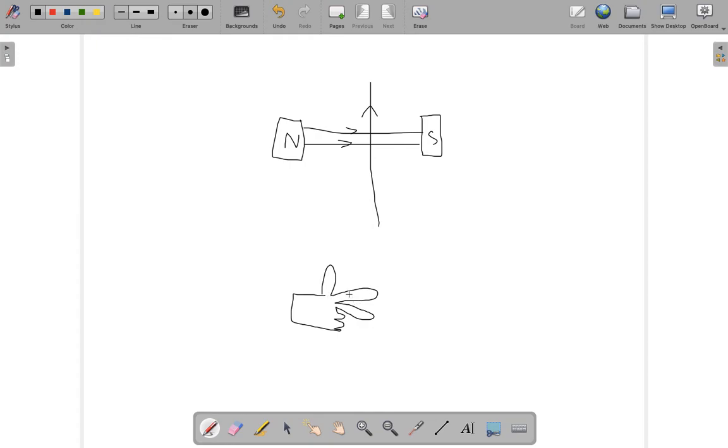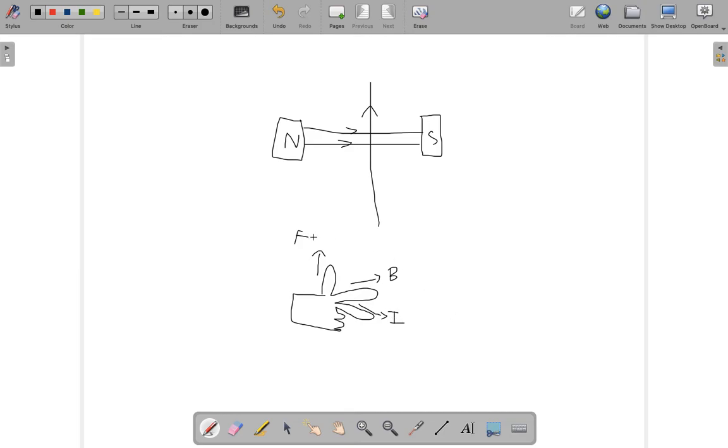Sorry, that's a really bad looking hand, but just please bear with me. So now your thumb shows the direction of the force. Your index finger shows the direction of the field, I'll just put it as B. And this here is the direction of current, I.